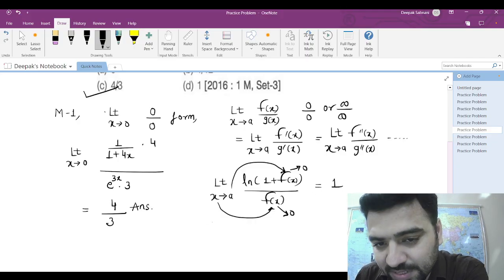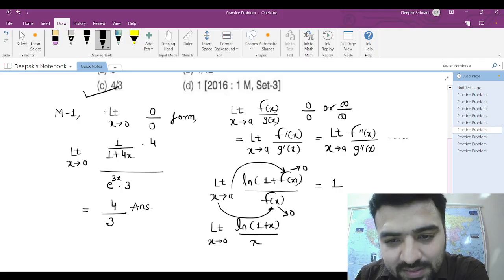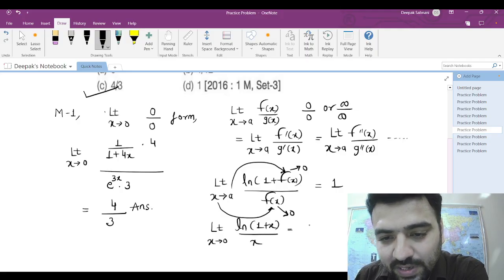This I got from the standard limit, limit x tends to 0 of ln of 1 plus x by x. You all know this, but I used to remember it in this form to get the quick answer.